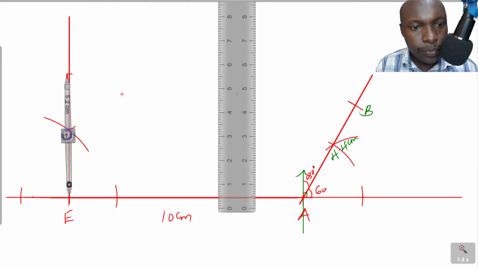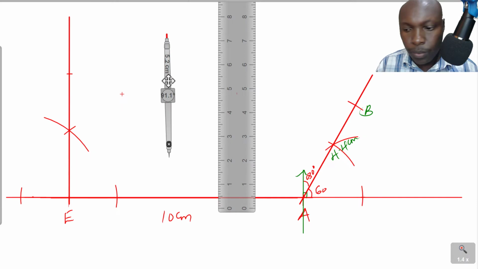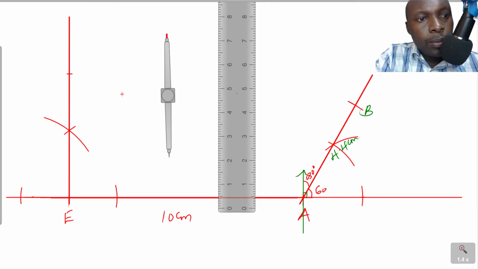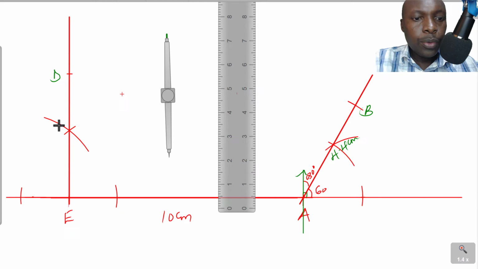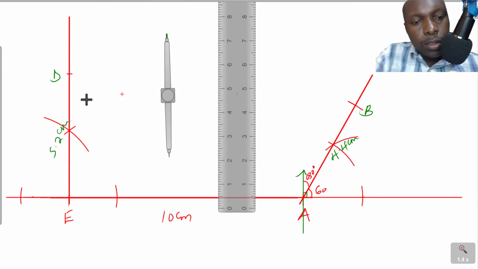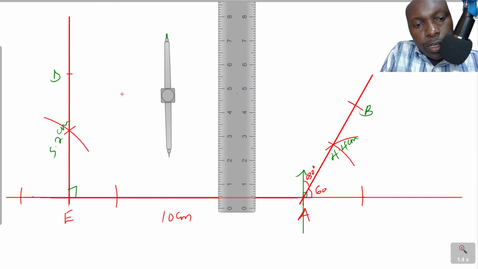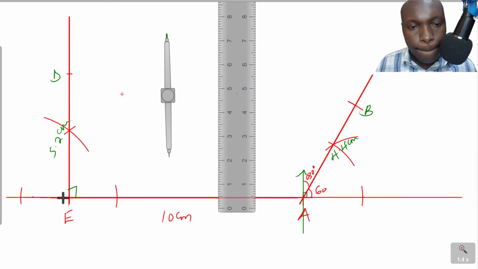Then you mark it. So therefore D should be here. Now this is 5.2 centimeters, and don't forget that this one should be 90 degrees.